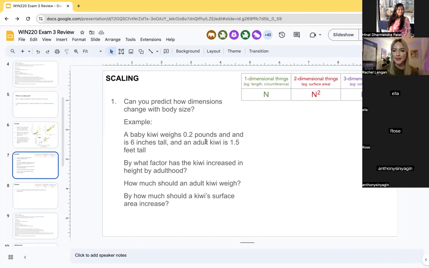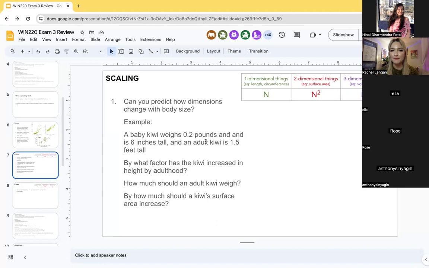You'd have to put it to the power of 2/3, I think, or 3/2. But you could do a ratio. So you could do surface area to volume. So it'd be N squared over N cubed equals X over 5.4, and create a ratio to do that. So yeah, I guess technically you could do that.